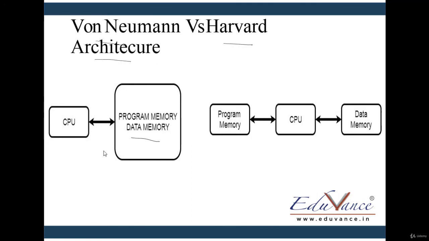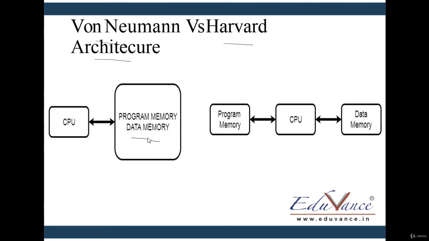In a von Neumann architecture, the program and the data memory are in the same location, or nearly, they both occupy the same space. So you have one memory, you can decide one part will have program memory, another part will have data memory. So in general, CPUs have this type of architecture.